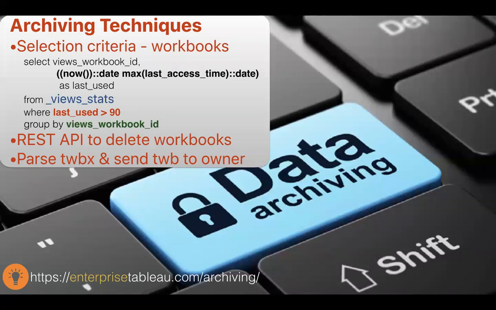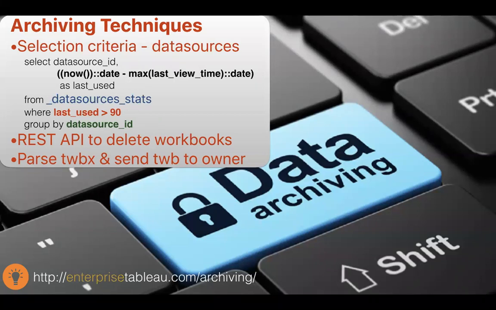And there is a REST API you can use to delete the workbooks. In the community, you will find how to pass the TWBX into TWB and the data and the helper. And you can figure out a way to send the TWB to the owners automatically if you want. All right, I can move back.